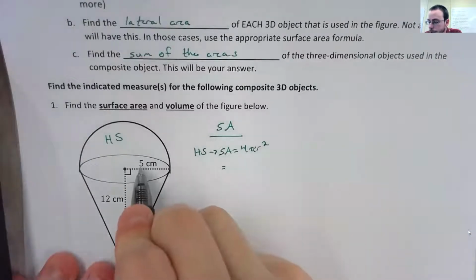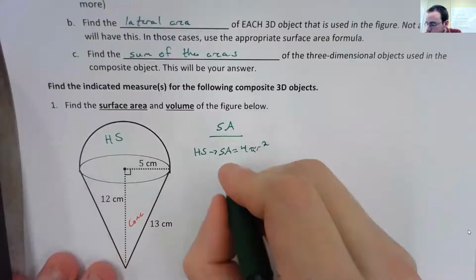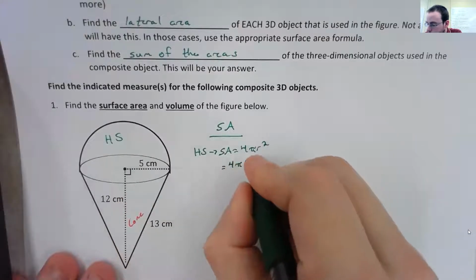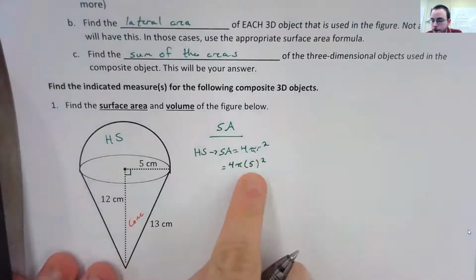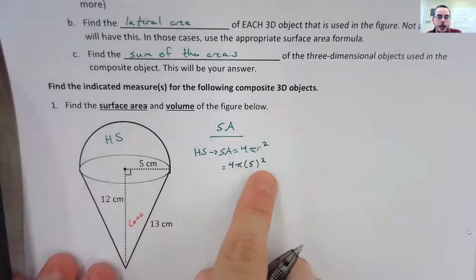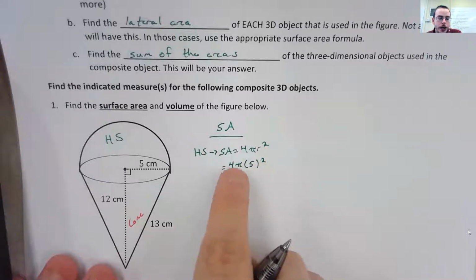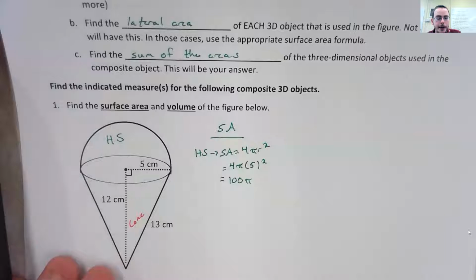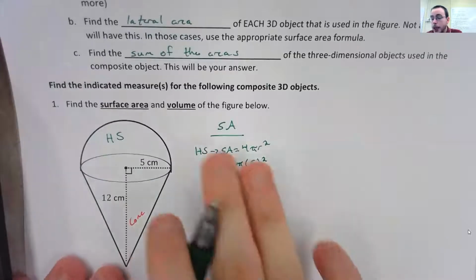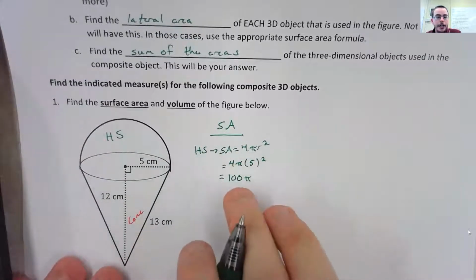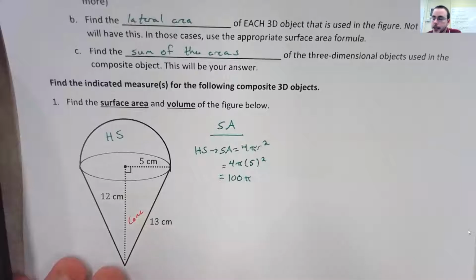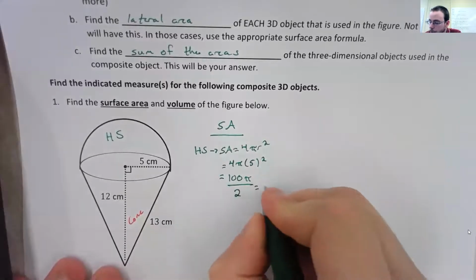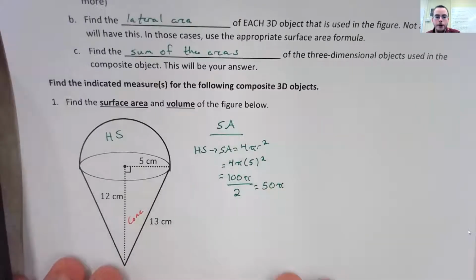In this case, r is 5, our radius is 5. So 4 pi times 5 squared. 5 squared is 25. 25 times 4 is 100, and then tack on the pi. But that's the surface area of the entire sphere, so to get the hemisphere, we have to divide this by 2, which gives us 50 pi.